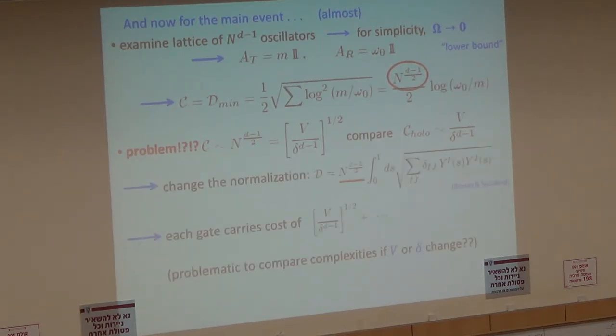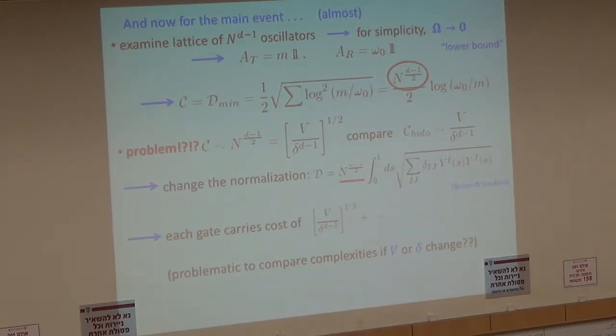But can we improve our model to get closer to holography? Well, the answer is yeah. Let's just change the cost function. One suggestion is, if we wanted a bigger power of n, let's just stick that extra factor of n into the cost function. But that's like saying that each gate, rather than counting a 1, we're counting some factor here.